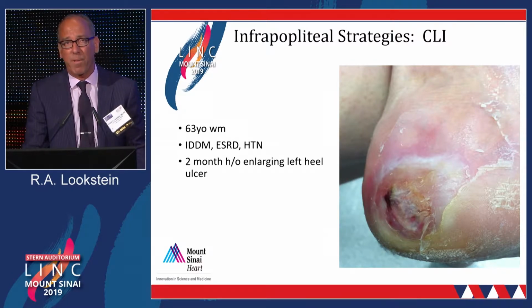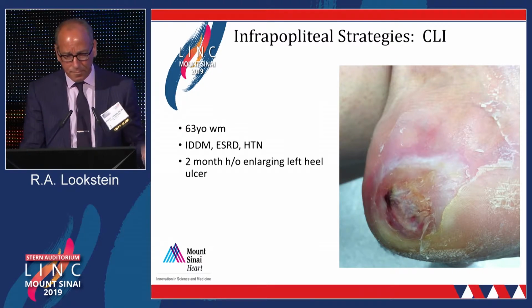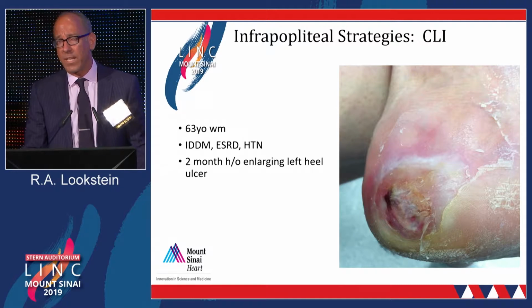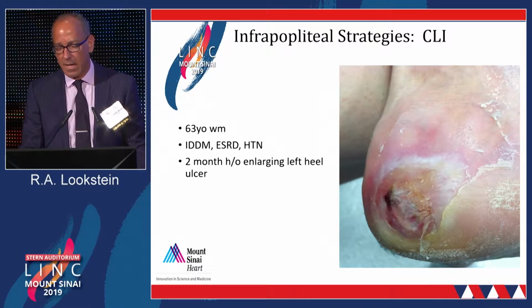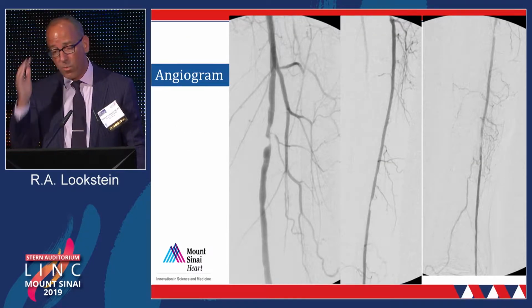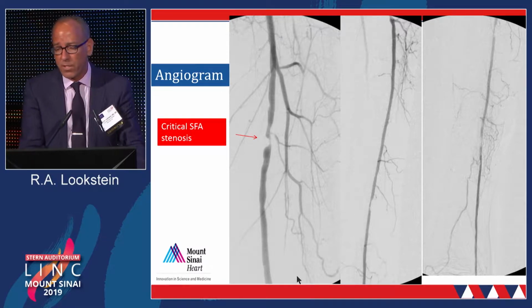I'm just going to give you a couple of brief clinical examples. This is a 63-year-old male with diabetes, end-stage renal disease, clearly at high risk for limb loss. And again, you have this largely left heel ulcer. The angiogram, the inflow was completely unremarkable. You have this focal stenosis in the mid-superficial femoral artery.